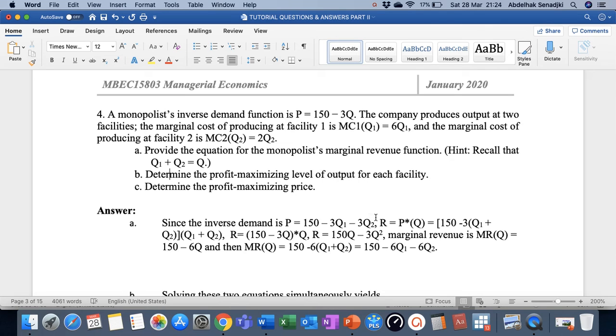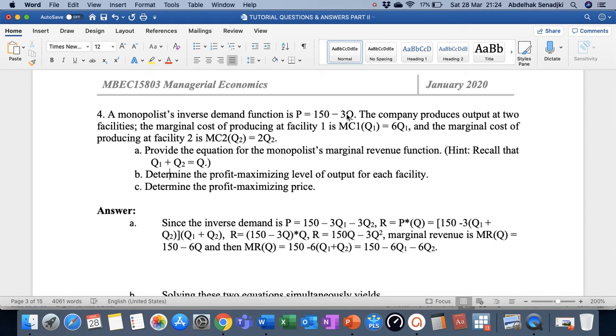Revenue is equal to price times quantity. So revenue equals price, which is 150 minus 3(Q1 plus Q2), correct? Yes. Times quantity, which is Q1 plus Q2. Therefore, after solving this, we find R equal to 150Q minus 3Q squared.